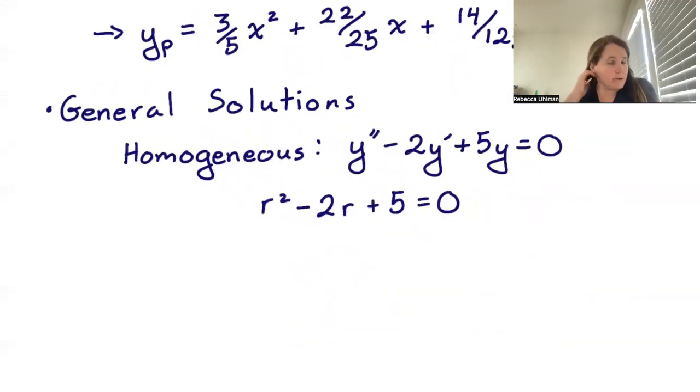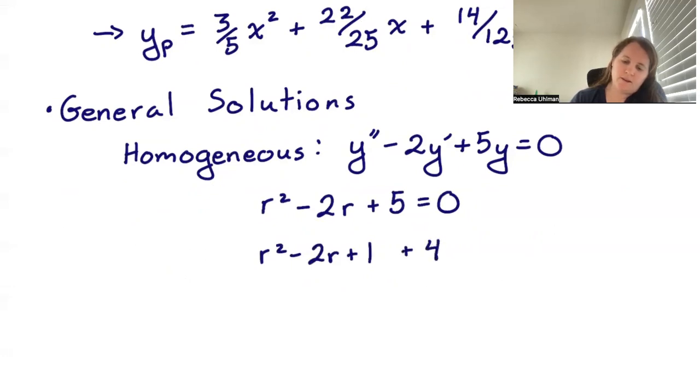You can either use the quadratic formula, try to factor (it doesn't look like it will factor), or complete the square. So this is r squared minus 2r plus 1 plus 4. Again, here what I did was I divided by 2 and then squared to get the plus 1.